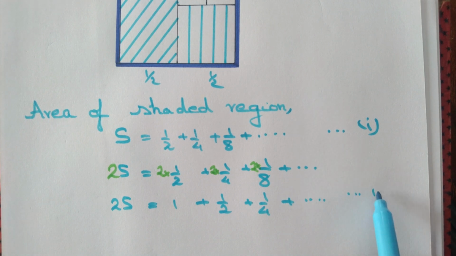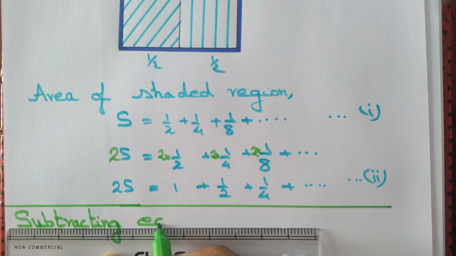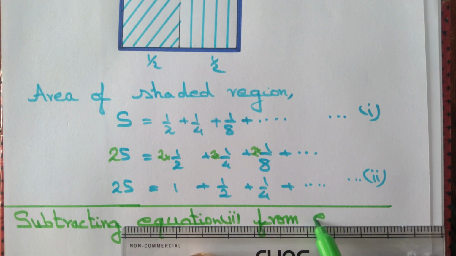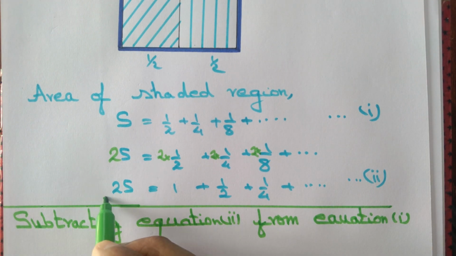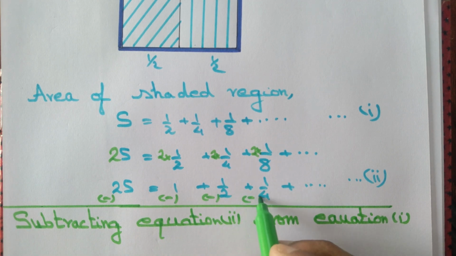Let's call this one equation 2. And we subtract equation 2 from equation 1. Subtracting equation 2 from equation 1, we write negative, negative, negative, negative.